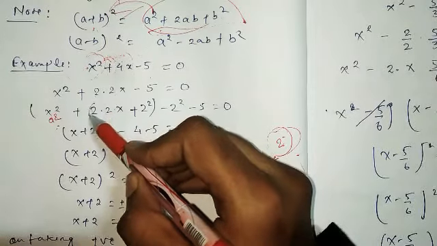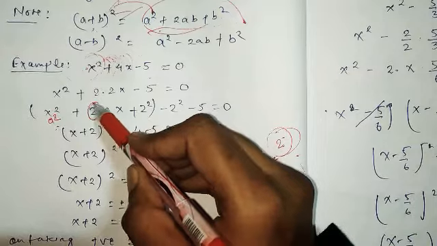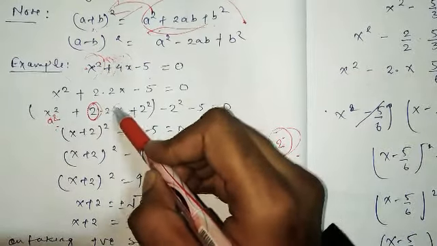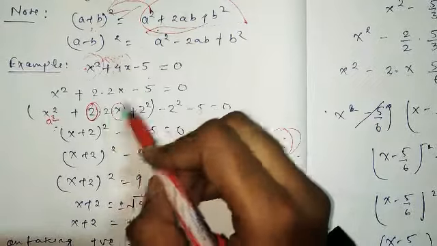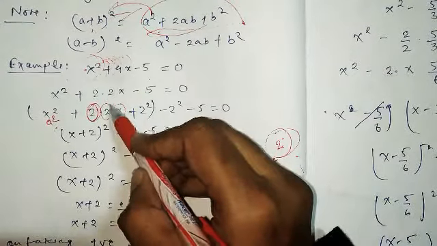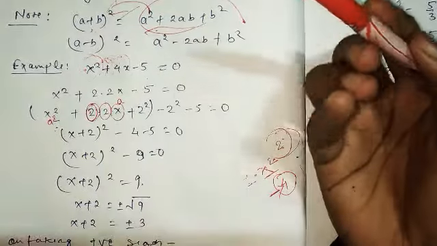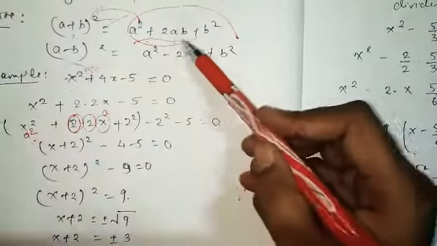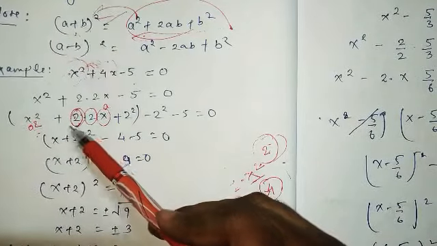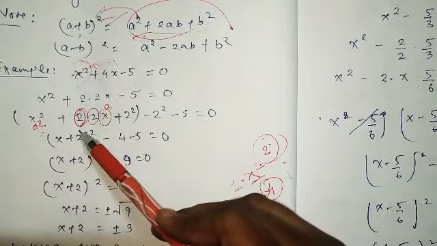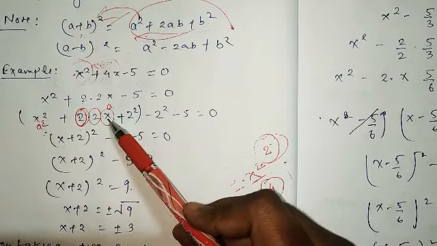This is 2, this is a, and whatever is left will be the value of b. The formula has 2ab, so this 2 is part of that formula, and the value of a is always x.